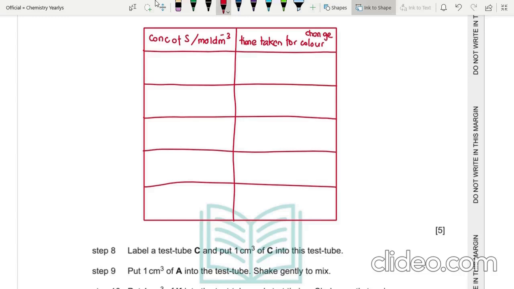Now let's write the concentration in the ascending order. The first one was 0.0, then 0.25, then 0.50, then 0.75, and then 1.0. As we are not performing the experiment, let's assume, and for sure the trend will be like this, that as the concentration is decreasing, it will take more time to decolorize.